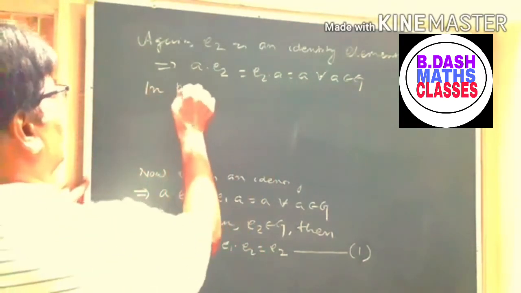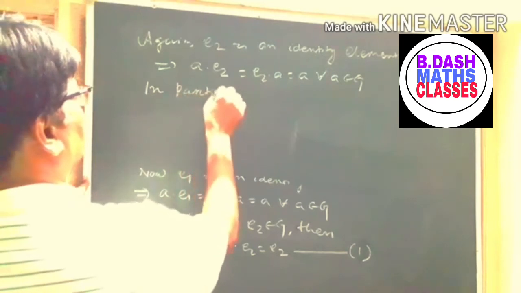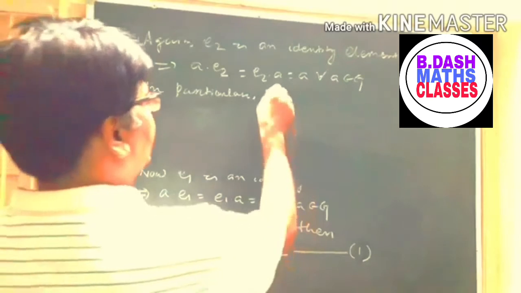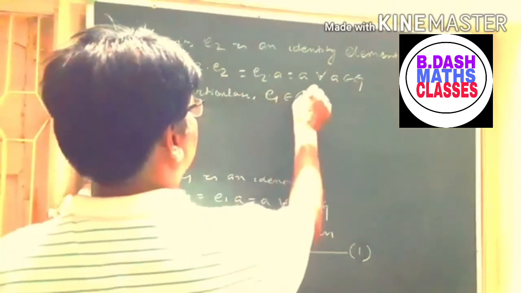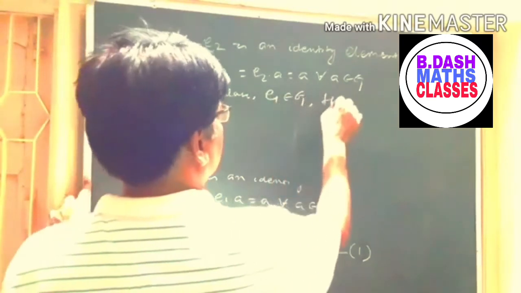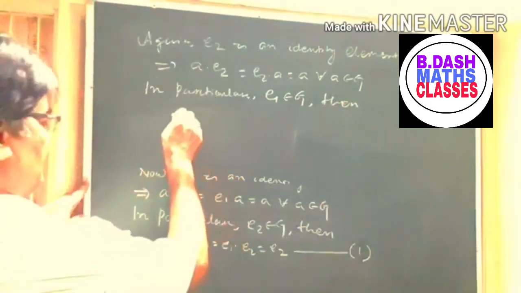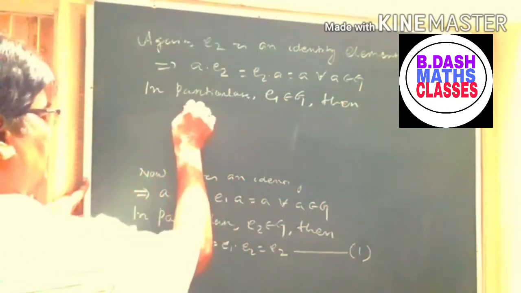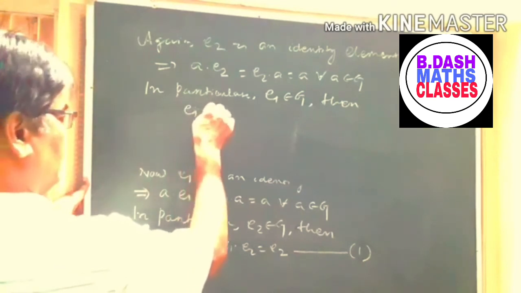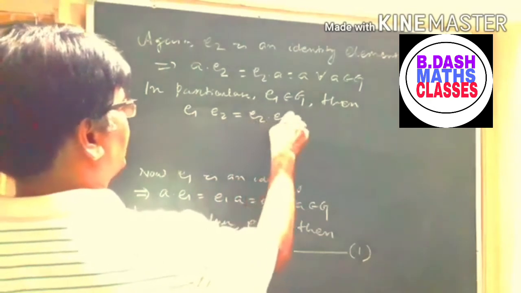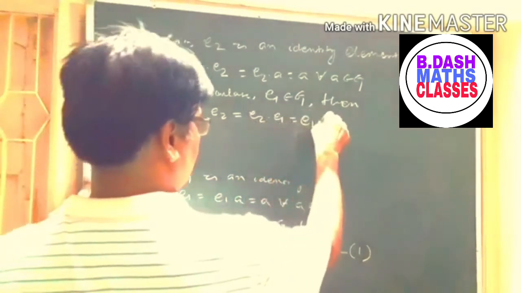In particular, E1 belongs to G. Let us take it as a general element. General means other than identity element. So then E1 E2 is equal to E2 E1 is equal to E1.